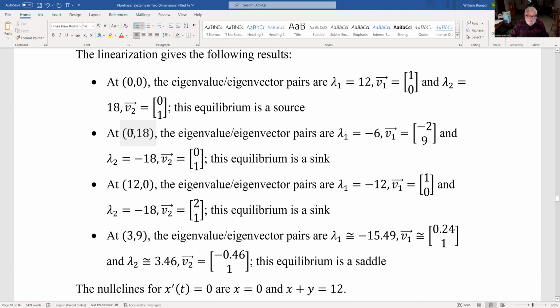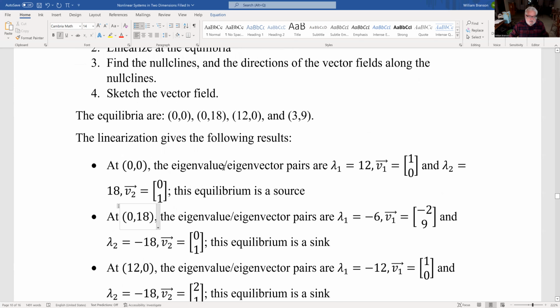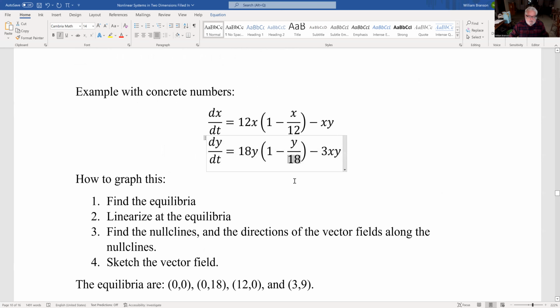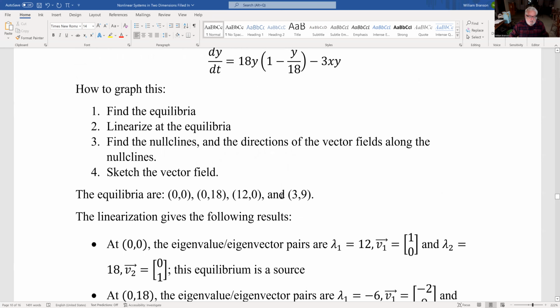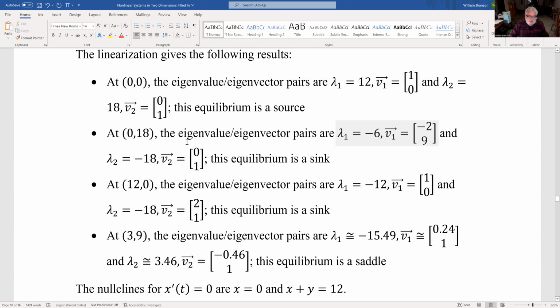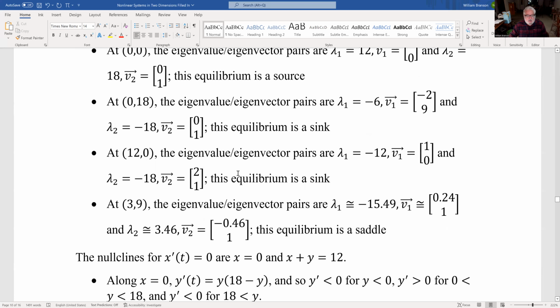If you have 18 of the Y animals, and if you're near to that stable population, what happens is that you have a sink, and so that means you tend to having 18 Y animals. All the X animals die out. And same thing happens for when X is near to 12.